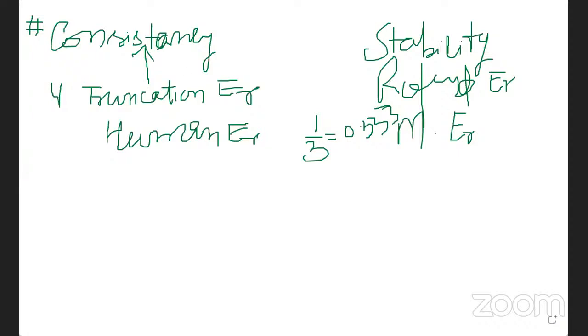And when we talk about the convergence of a method for a differential equation, consistency plus stability gives rise to convergence. Is this clear? Any doubt in these two concepts? No, sir, it's clear.